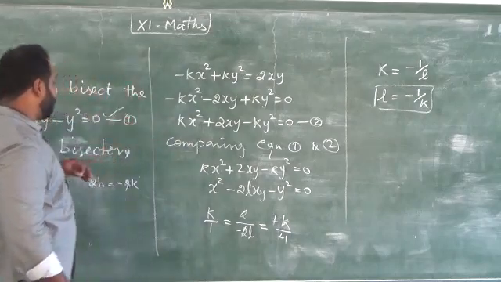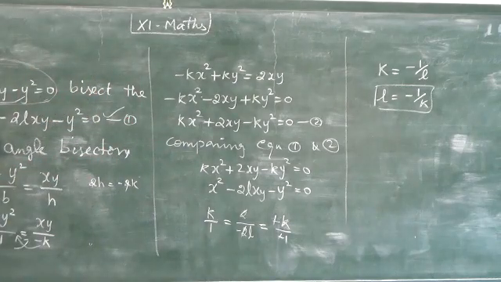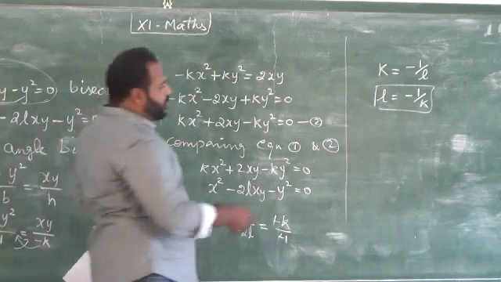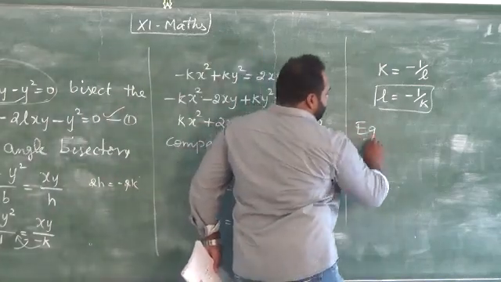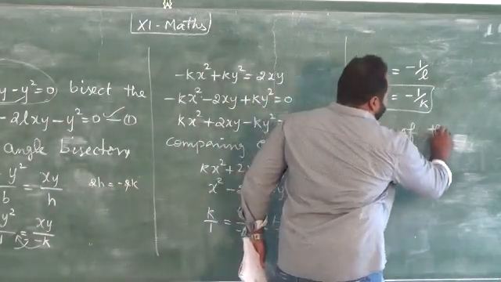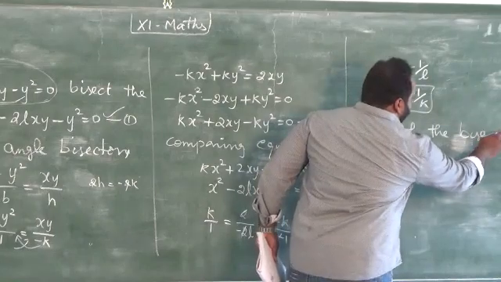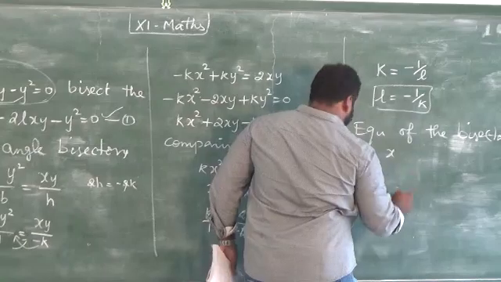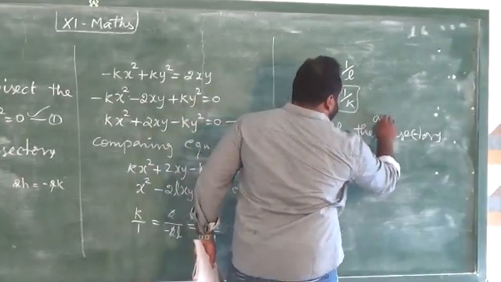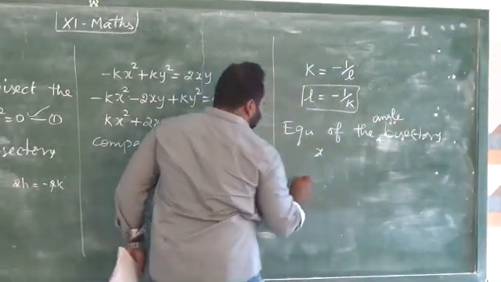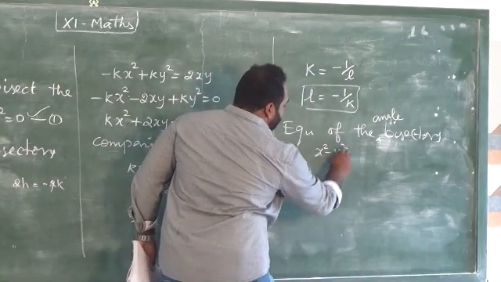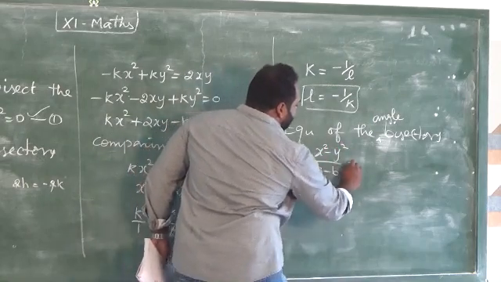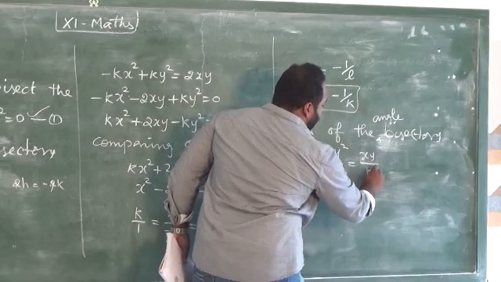Next I am going to find the equation of the bisectors for this line. The equation of the angle bisectors is (x square minus y square) by (a minus b) equal to xy by h.